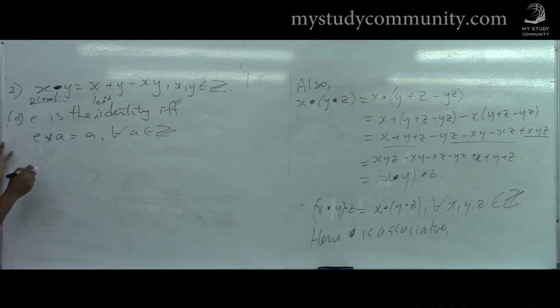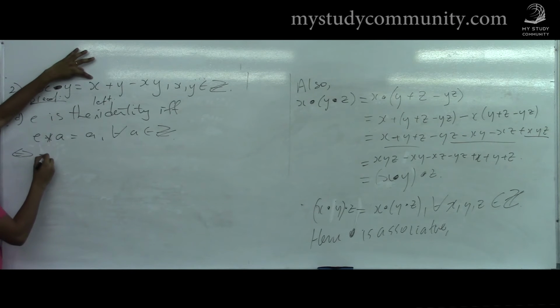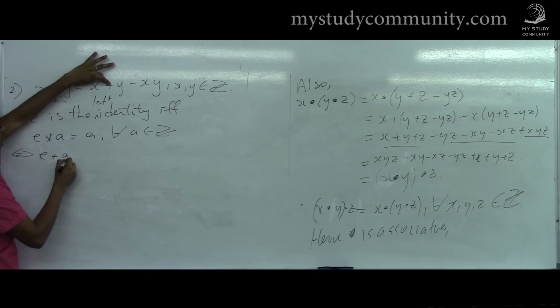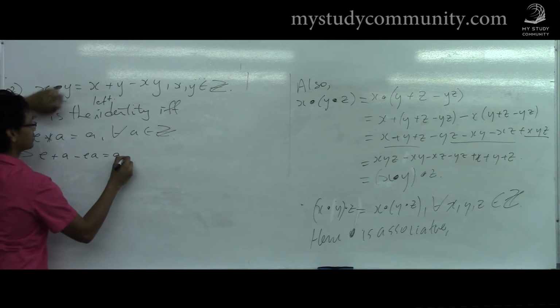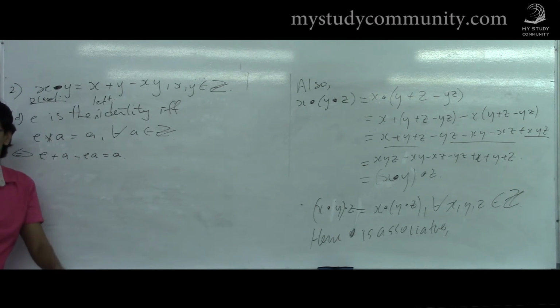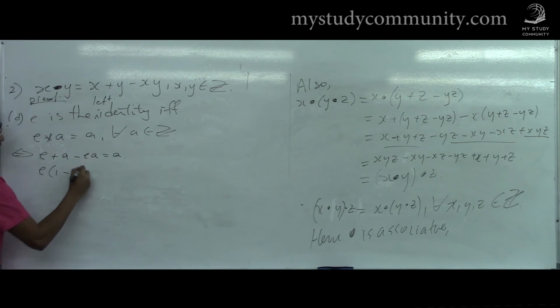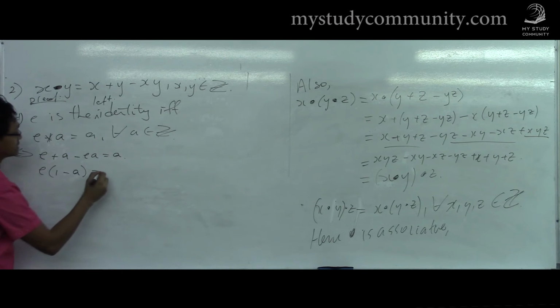It means the first element plus the second element, minus the product of the first and the second, equals A. What do I want? I want E, so I solve for E. So E(1 - A) = 0.